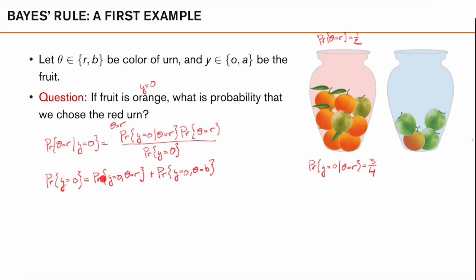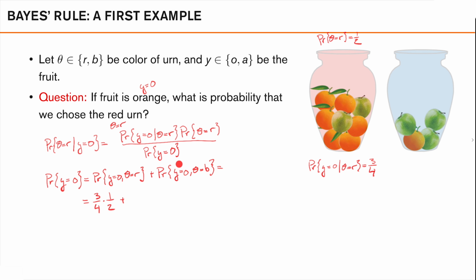Now we can calculate these using the product rule, which means that we decompose these into two factors which are similar to the decomposition here, right? So for the first, we get the probability of picking an orange, given that we're picking from the red urn, which is 3/4, times the probability that we are picking from a red urn, which is 1/2.